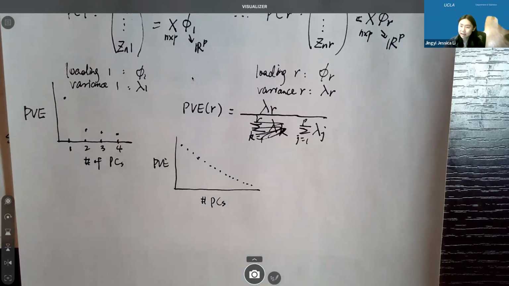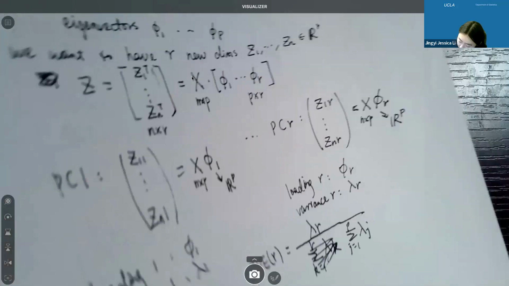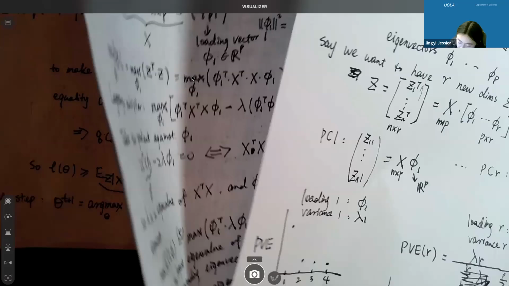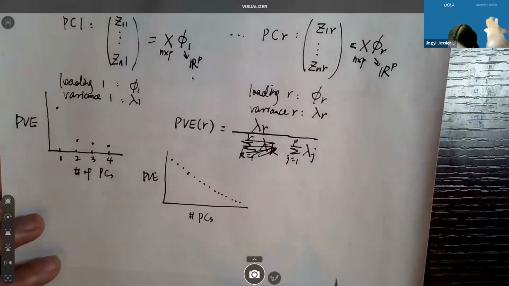That could shed some future light on this topic, and I think that's very interesting. Okay, so that's all about PCA. Related to PCA, another technique I will introduce as our second dimension reduction approach is called multidimensional scaling.